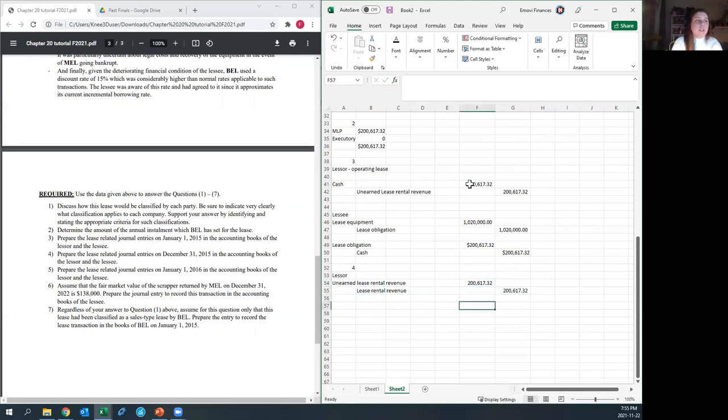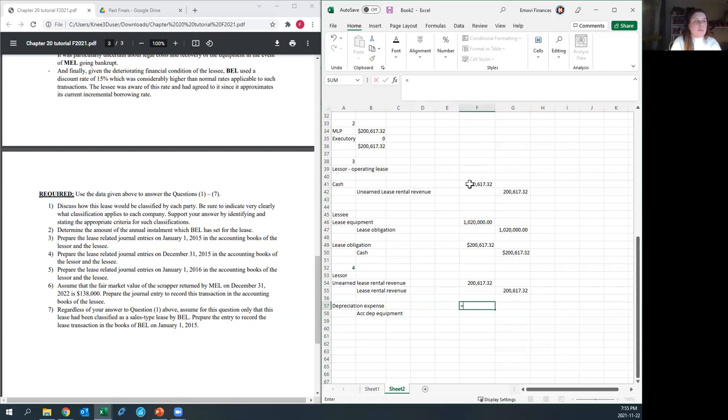They're also going to depreciate the asset because they still have the asset in their books. Since it's an operating lease, they didn't sell it, and they didn't remove it from their books. It's still there, so they still have to depreciate it. So depreciation expense and accumulated depreciation equipment.